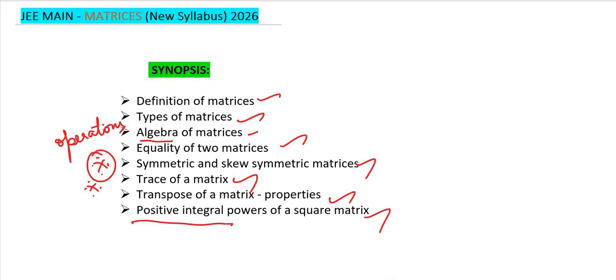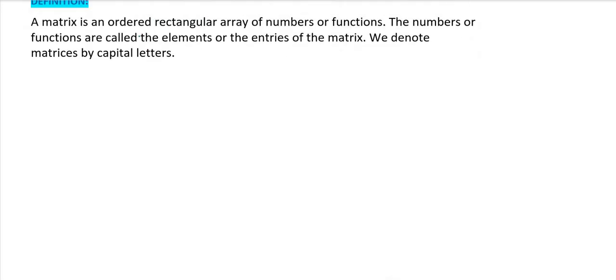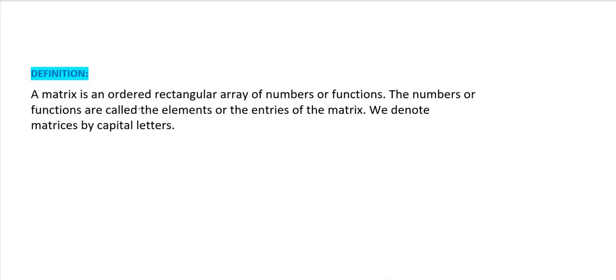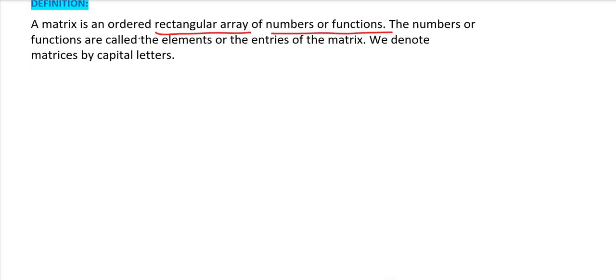Now let us see the definition of a matrix. A matrix is an ordered rectangular array of numbers or functions. The numbers or functions are called the elements or entries of the given matrix, and it is denoted by a capital letter. For example, the representation of a matrix is given by A equals [aij] between the brackets.